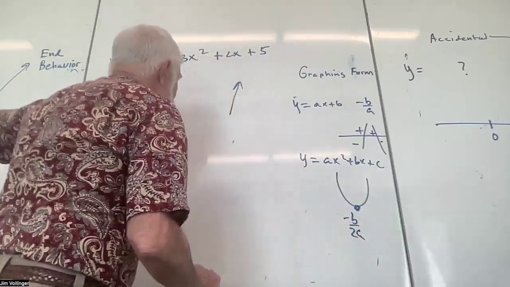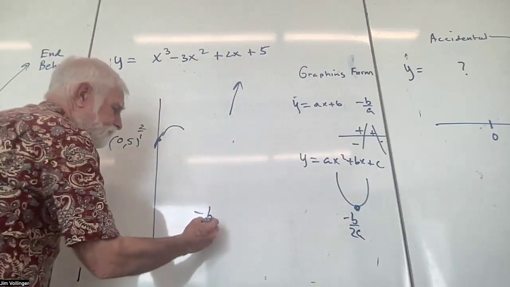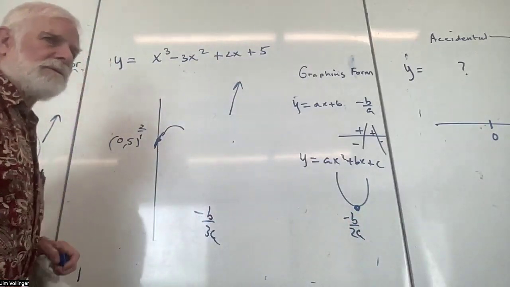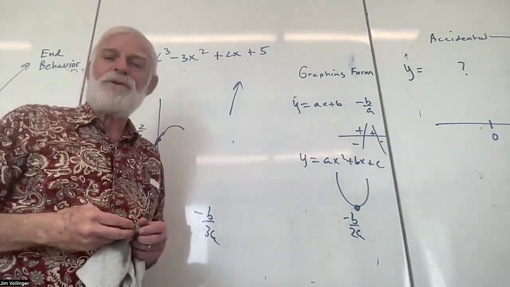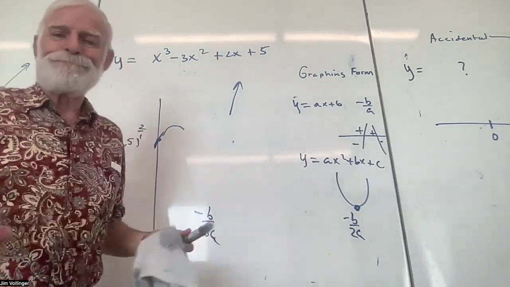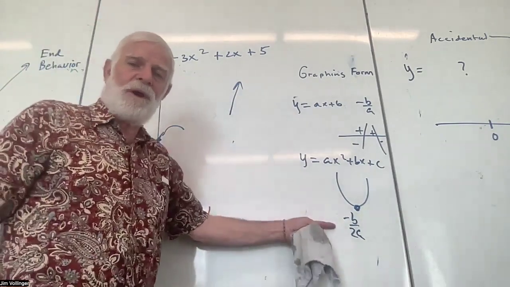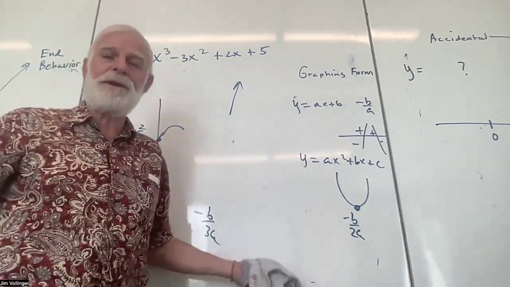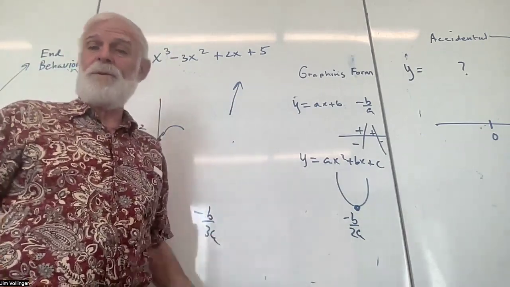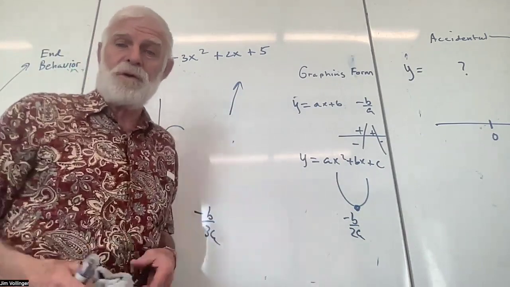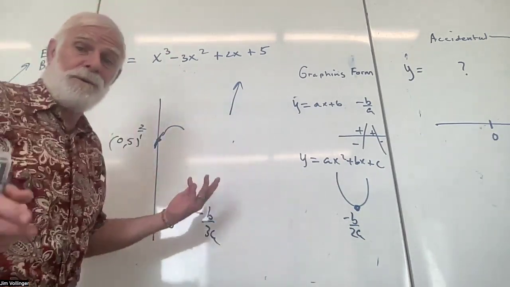And for the cubic, it's minus b over 3a. And those are all about the geometry behind the algebra. Okay, this comes from completing the square, minus b over 3a comes from completing the cube. And if you want to see those geometric manipulations, go to the playlist and look at completing the cube.